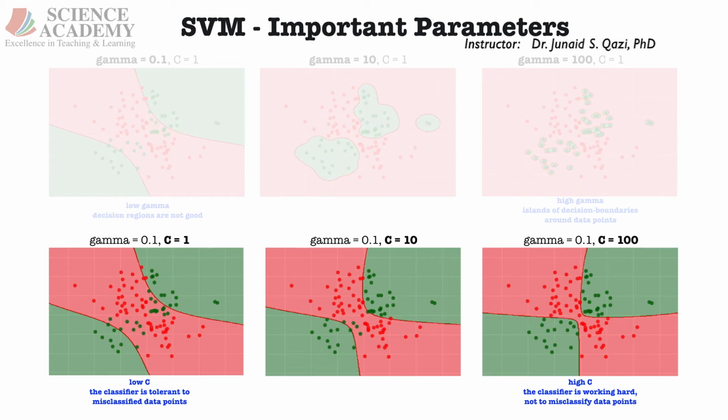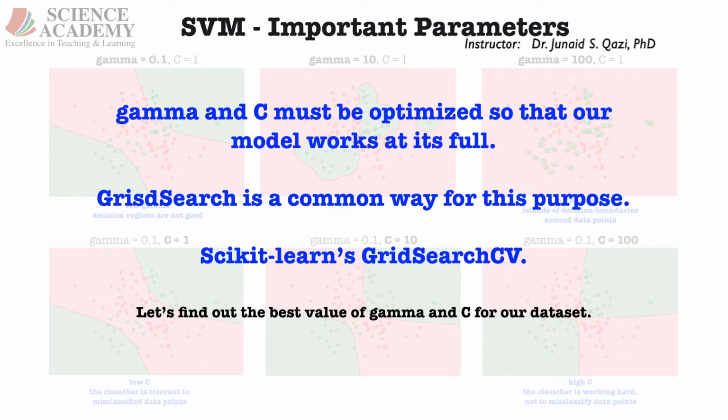Hence, the model is not generalized to the test dataset, and new points might be misclassified. So, moving forward, the conclusion is we need to get the best value of gamma and C to get the best from our trained SVM model.